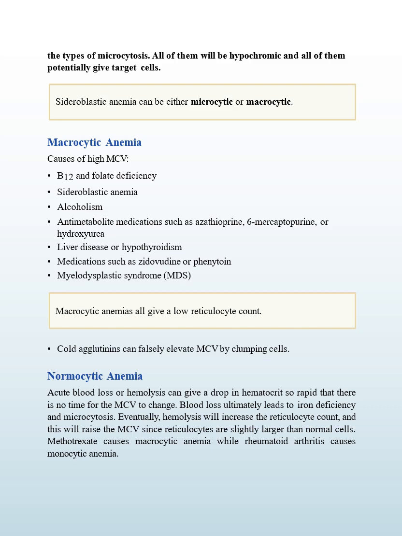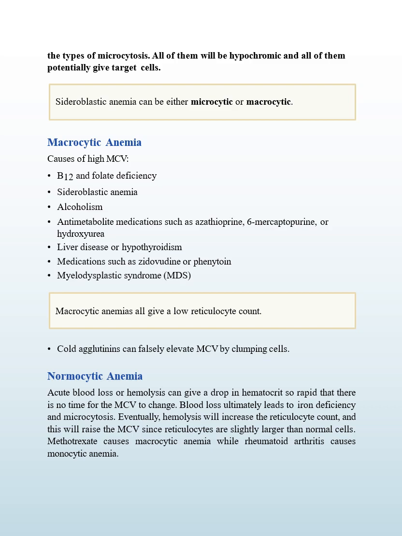All of them will be hypochromic, and all of them will potentially have target cells. There is another clinical tip here which states that sideroblastic anemia could be either microcytic or macrocytic.